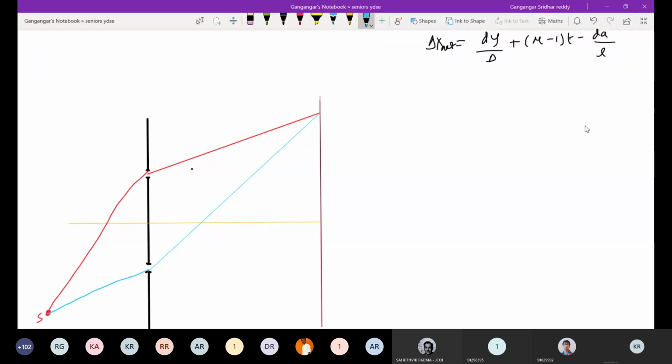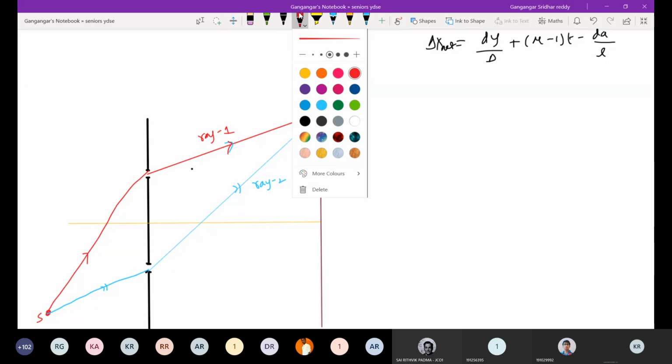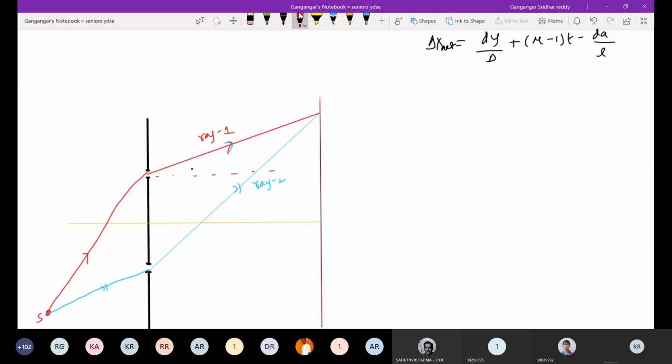And this will be the ray 1. This will be the ray 2. The same thing, a strict condition: the central maxima should be exactly opposite to slit S2. It should be brought here. So for that, what condition? What has to be done?